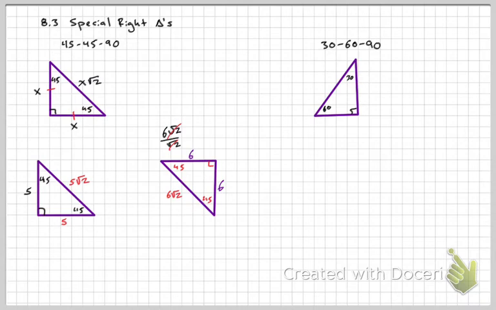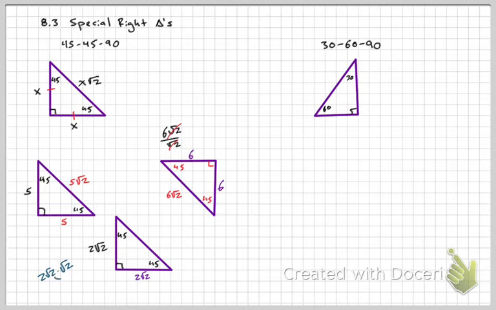Let's look at another one. So now my leg length is 2 rad 2. I need to take my leg length and multiply that by radical 2. Remember, when we're multiplying radicals and whole numbers, we can only multiply and combine things that are alike.